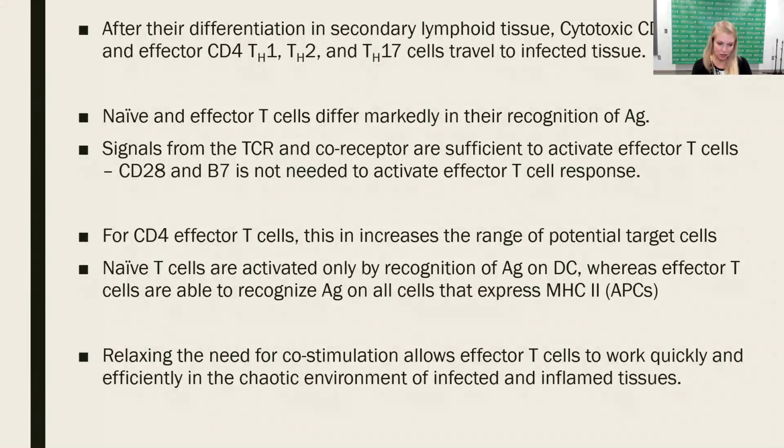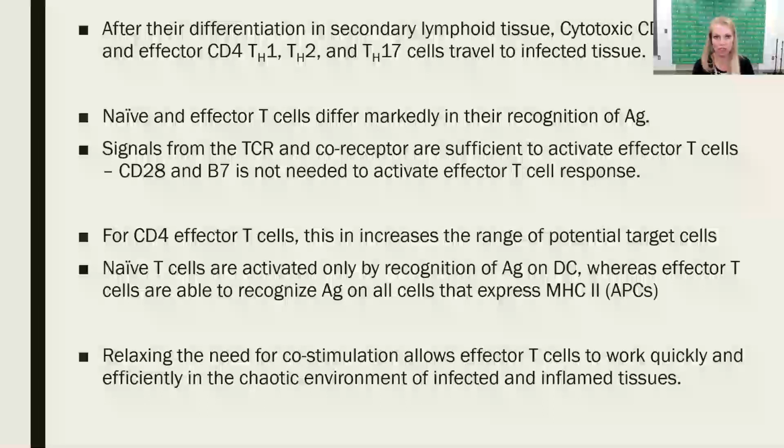Now for effector T cells, their target cells are going to be a very wide range depending on what their specific effector function is. Naive T cells are only going to interact with antigen on dendritic cells, but these effector T cells really can recognize antigen expressed on any MHC class II, and that includes macrophages as well as B cells. And so those are our other antigen presenting cells, or APCs.